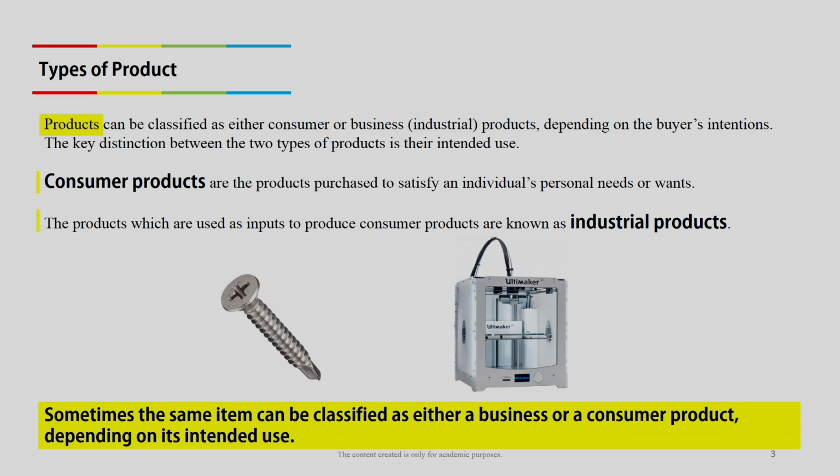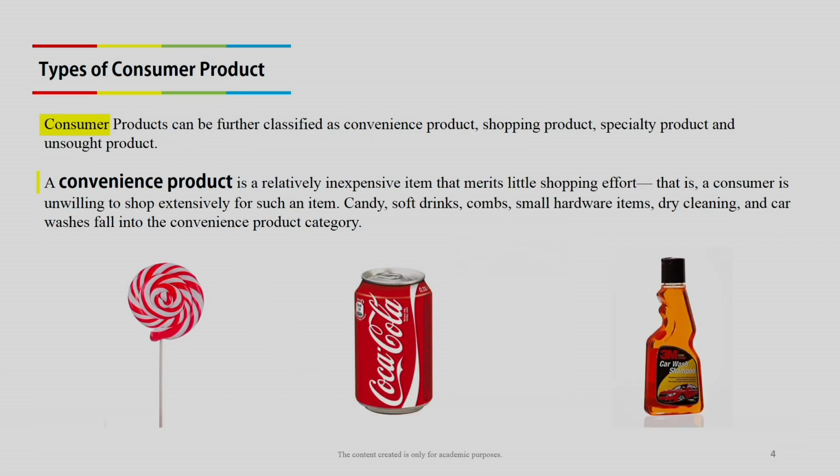So, sometimes the same item can be classified as either a business or a consumer product depending on its intended use. Earlier we used to call it RPT, now it is a 3D printer machine. It used to be huge and large, and now it is coming as a portable tabletop product. So, now the same 3D printer has become a consumer product.